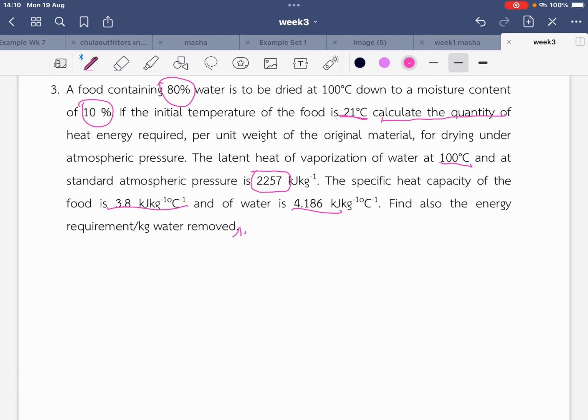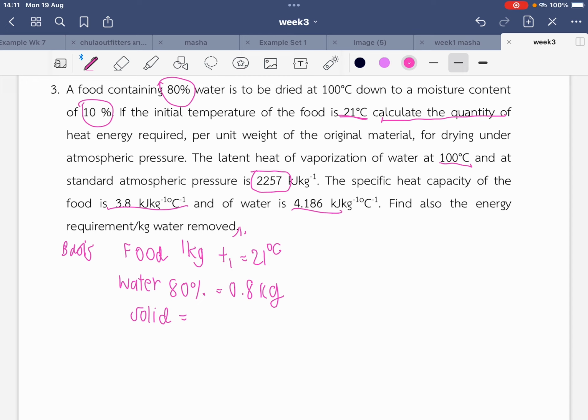First of all, we write what we know. So from the basis, food T1 is 21 degrees. Water 80% is 0.8 kilogram, and solid is 0.2 kilogram.